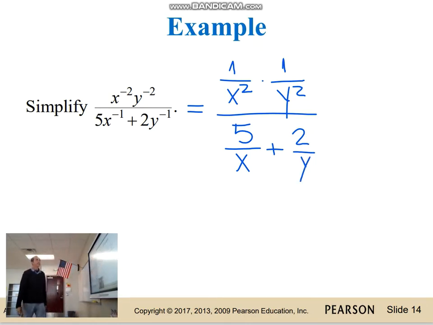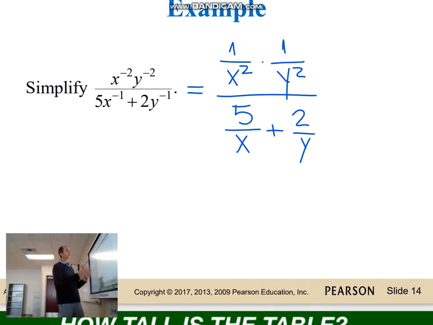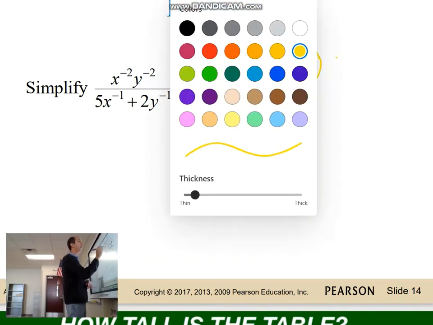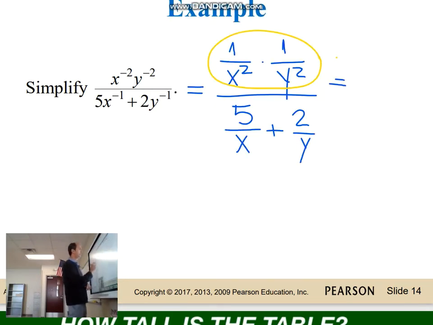That's it. You can find the least common denominator, or you can use method 1 or method number 2. It's up to you. Let's use method number 1. We find the result for the numerator, we're going to keep it: 1 over x squared y squared.